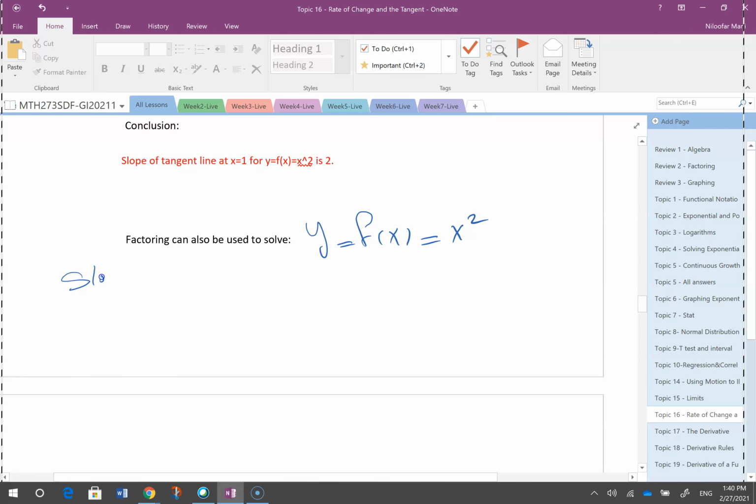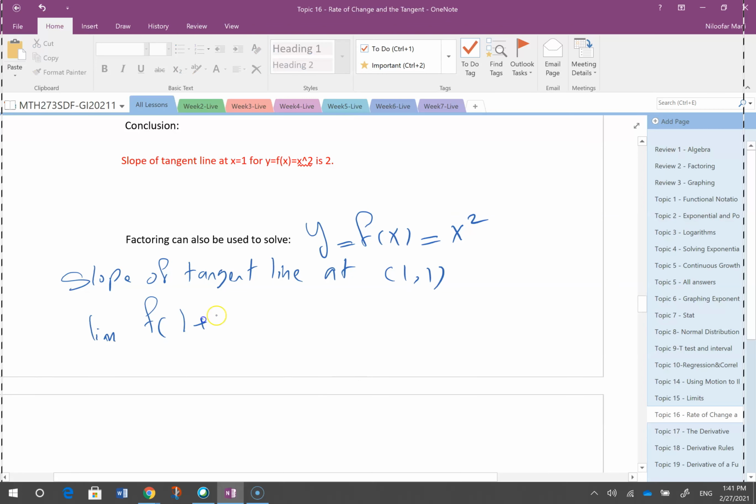The slope of the tangent line at 1 and 1. How do I know 1 and 1? If I put 1 for x, I have y equals 1, right? So it is the limit of f(a plus h), do you remember?